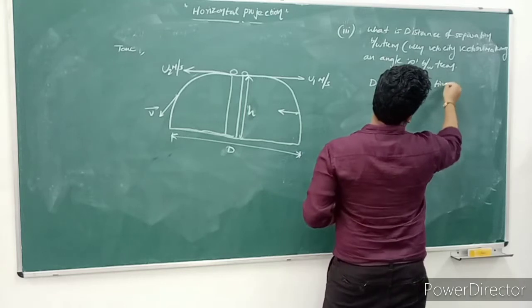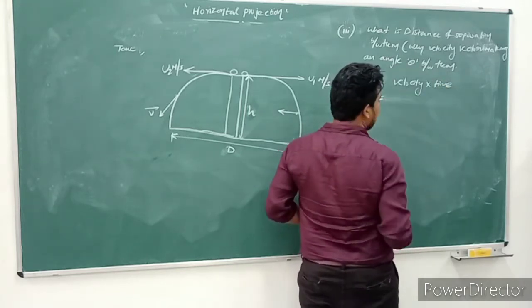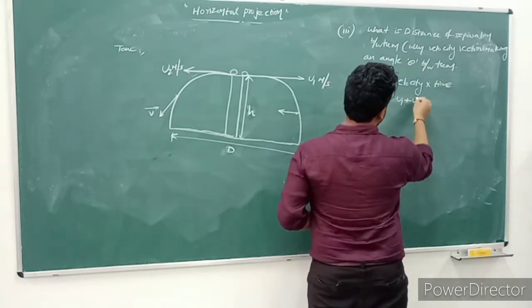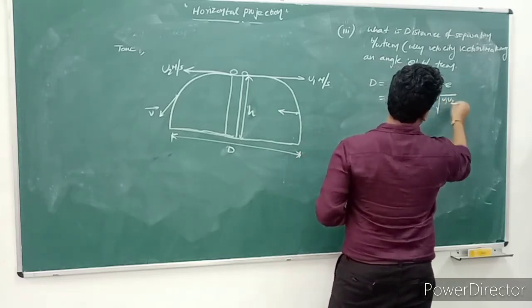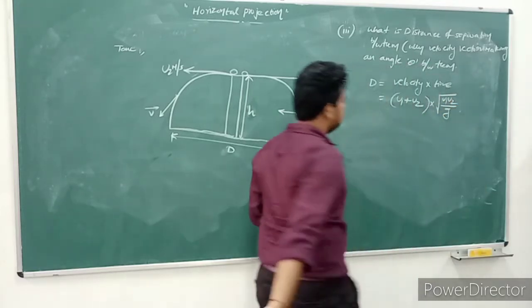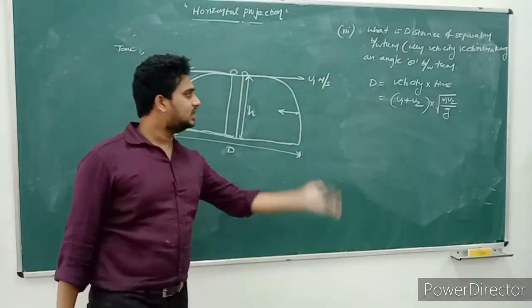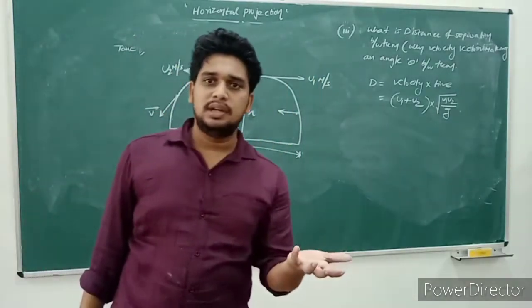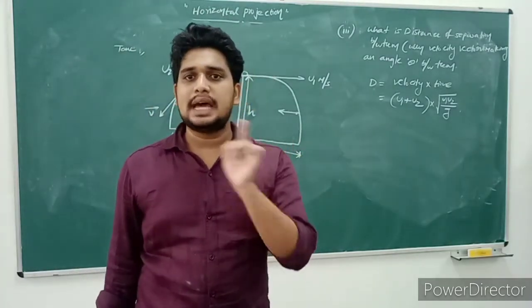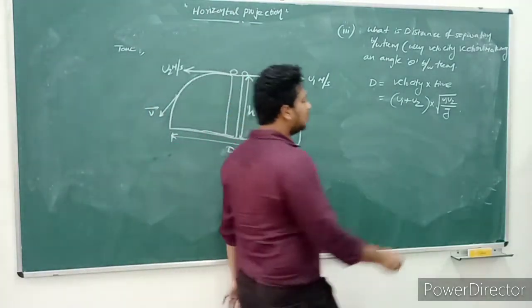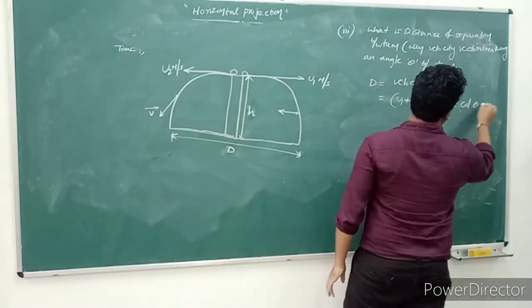So here velocity means u1 plus u2, time means root u1 u2 by g. So already we know at which time velocity vectors are making an angle theta between them: root u1 u2 by g into cot theta by 2.